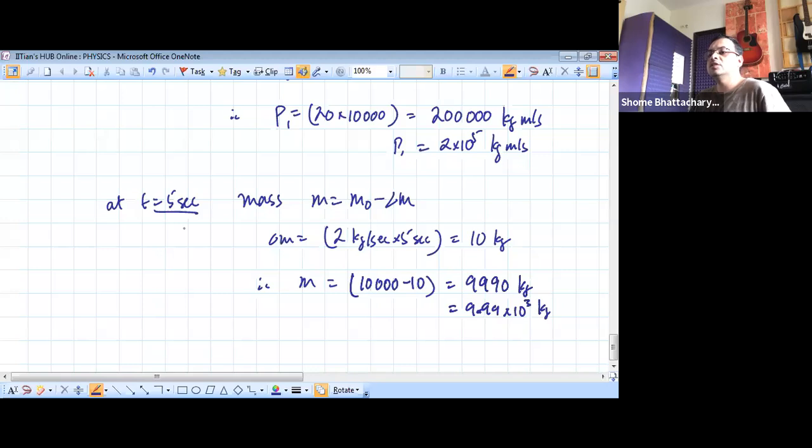And what about the velocity at t equal to 5 seconds? It is u plus at. The initial velocity was 20 meters per second, the acceleration was 0.4, and the time we are taking is 5 seconds. So 22 meters per second.